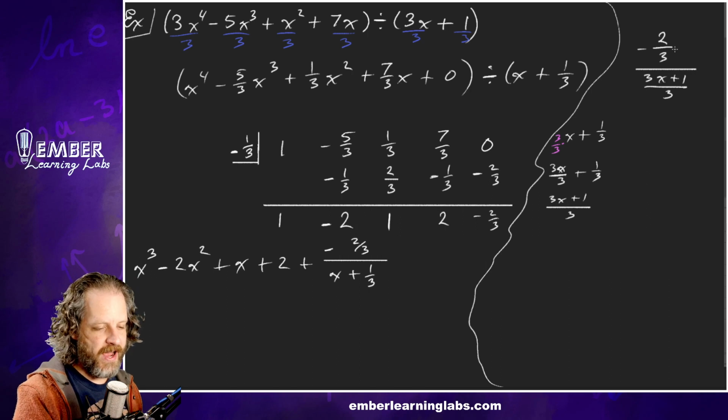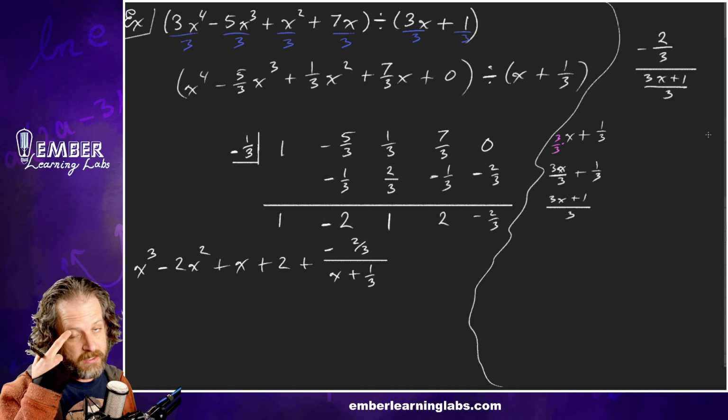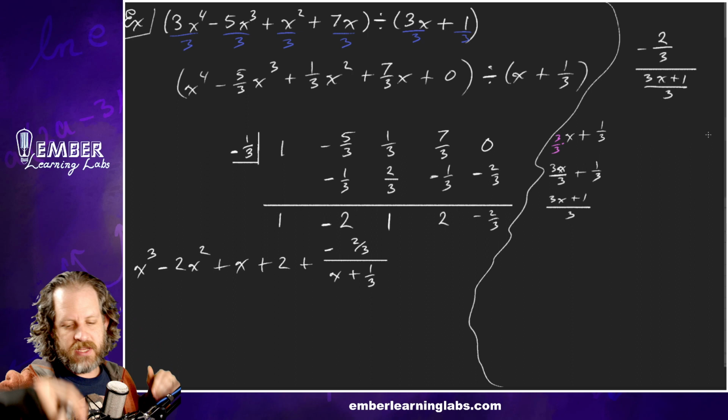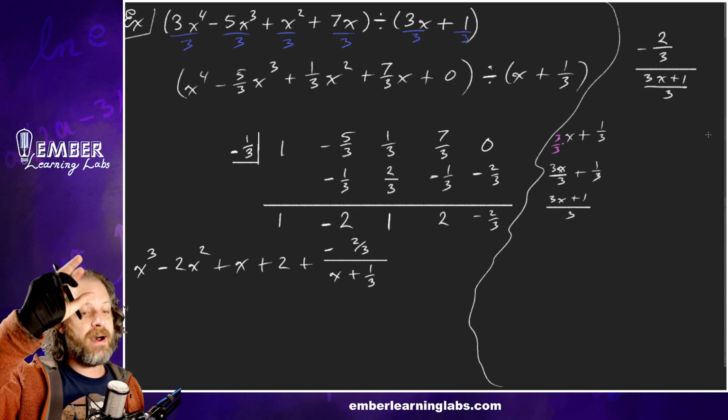Now we've got a fraction divided by a fraction. How do you divide fractions? Do you remember? Well, let me help you. In order to divide fractions, we multiply by the reciprocal.